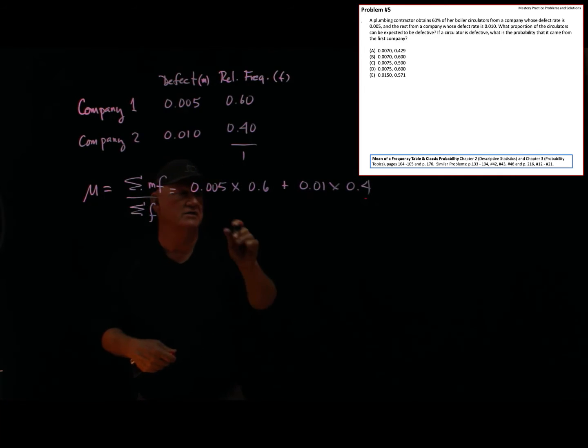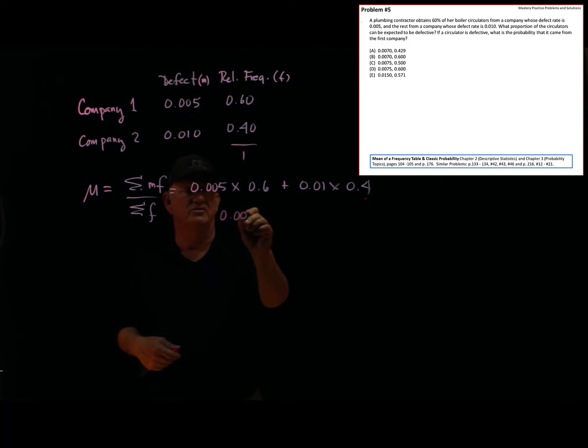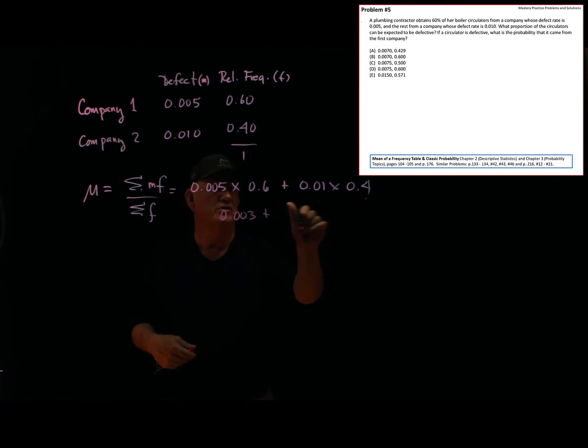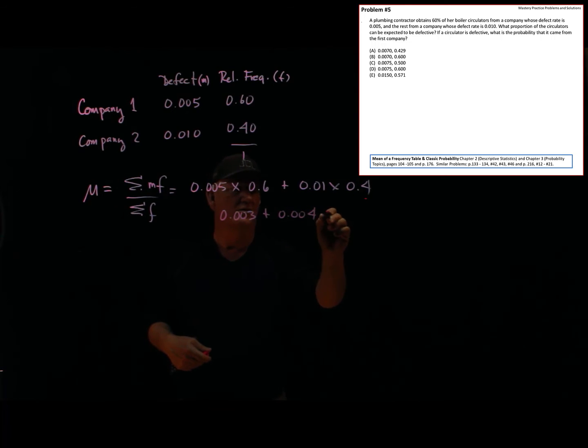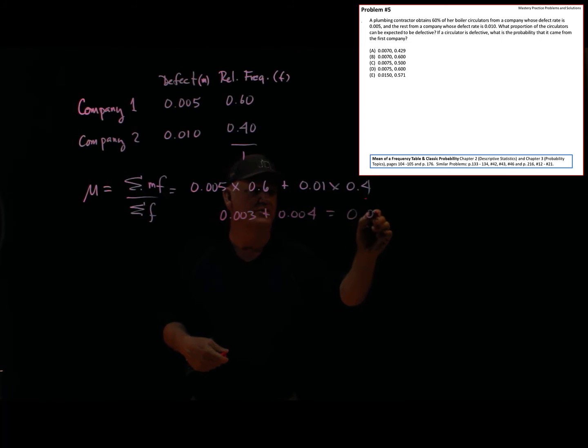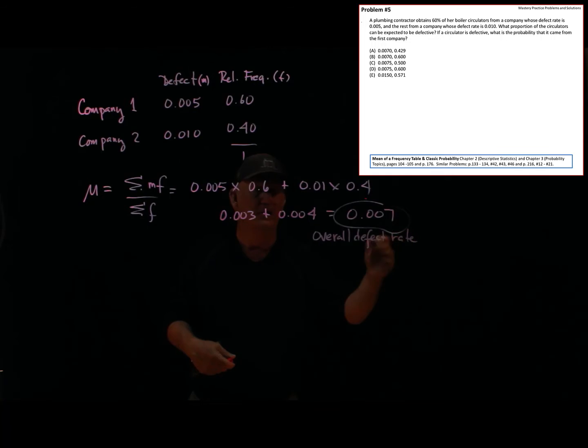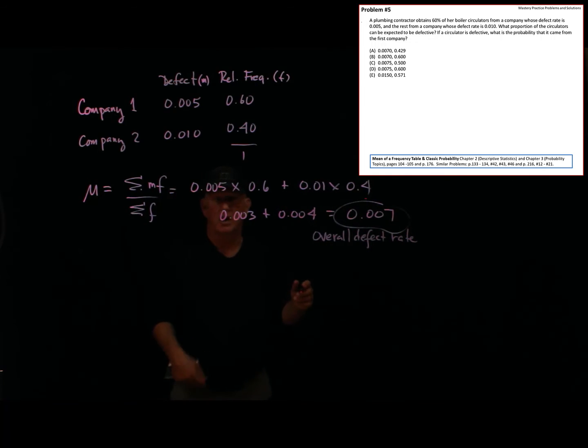So if that's the case, this number is 0.003, this number is 0.004, the whole thing adds up to 0.007. So there's the overall defect rate. And you'll find that up in the answers to the problem.